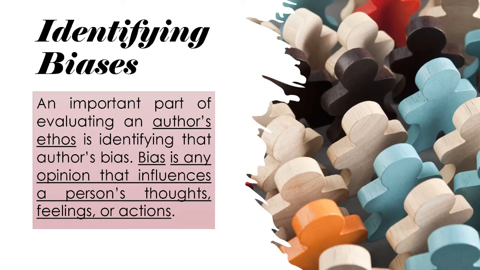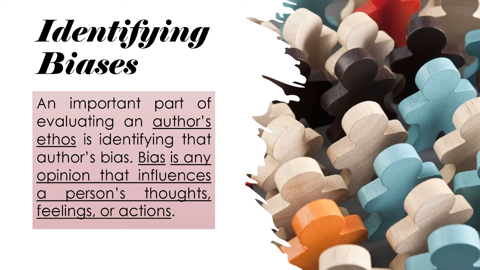Now the question is, how are we going to identify biases in a text? Actually, an important part of evaluating an author's ethos is identifying that author's bias. When we say ethos, it's a Greek word meaning character of the author.